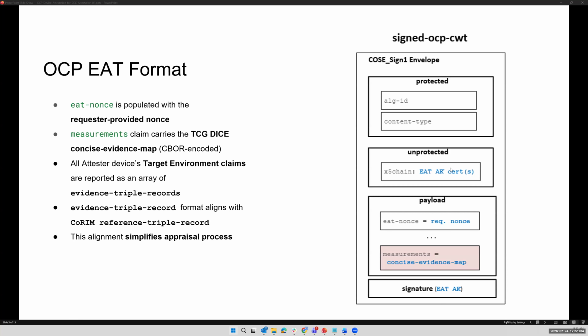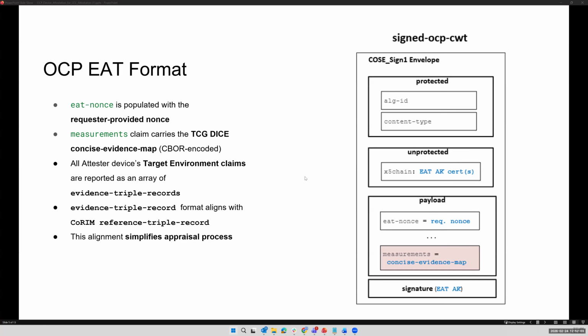And if we go to that diagram, how are verifiers supposed to get the cert chain? I mean, we can't complete the scenario without it. There are several ways. In addition to the EAT, the requester could also send the certificate chain as a bundle, which can be used to authenticate the EAT token.